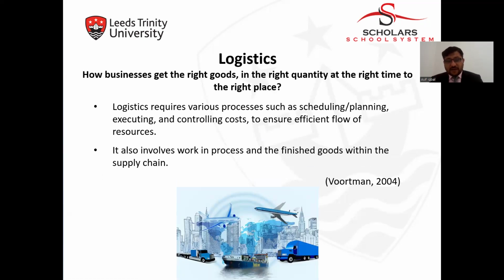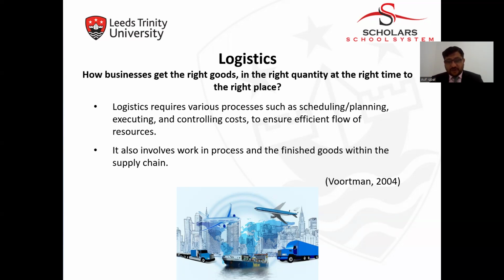Logistics requires different processes such as scheduling, planning, executing, and controlling costs to ensure efficient flow of resources. Scheduling and planning are very important: from where the things are going to be picked up, at which time, and how the cost is going to be minimized and controlled, so that everything flows in an efficient way.